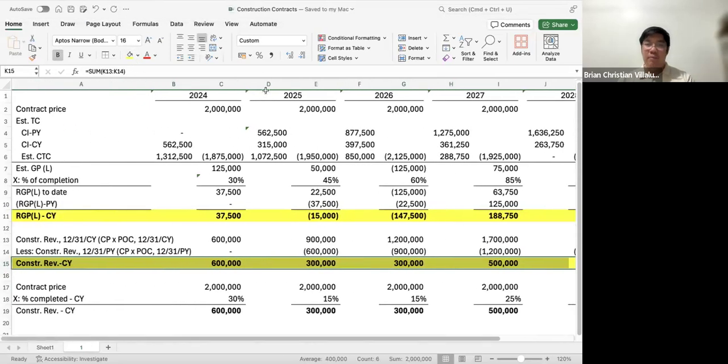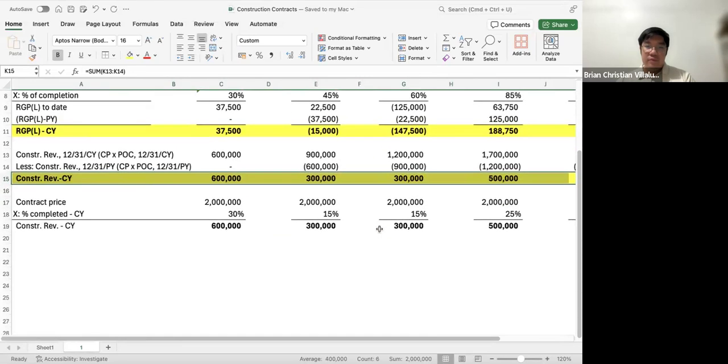Okay po? So, yung method number 2, may limitations lang. Kaya lang siyang gamitin kapag fixed price yung contract natin. Okay?